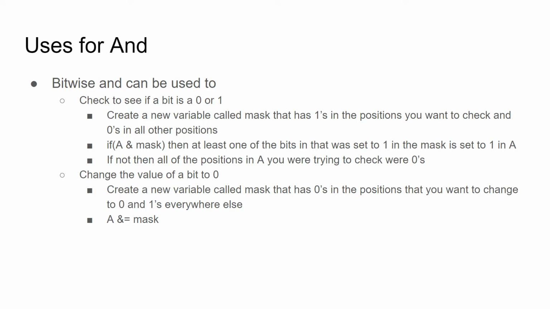Do you guys know what is considered to be false in programming? What's false? 0. So if the value is 0, it's considered to be false. What's considered to be true? Not 0. Not 0 is true.